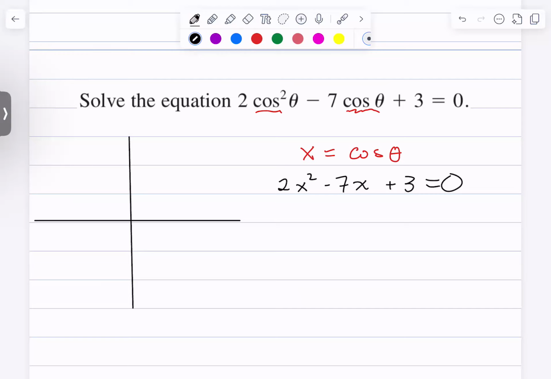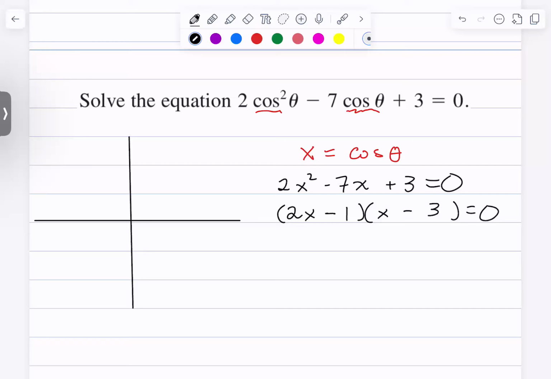Now, if I ask you to solve this equation that we just wrote, 90% of this class, or even 99% of this class, would have no issue. We just factor this out. Two x and x. This one has to be 3. This one has to be 1. So that's positive or negative and negative.